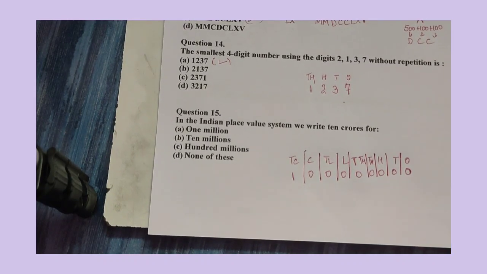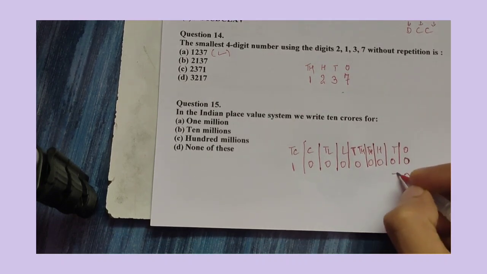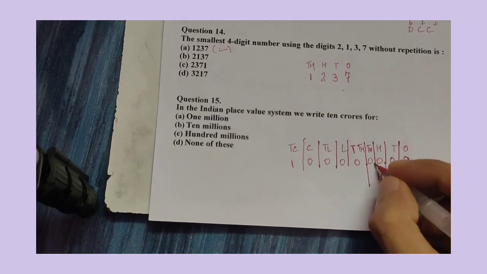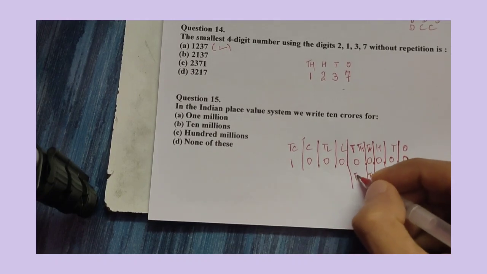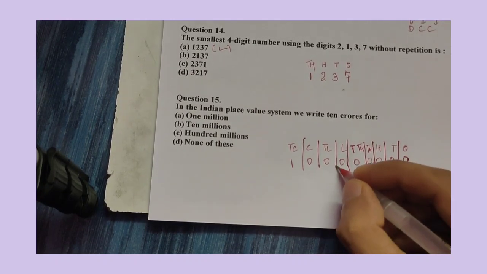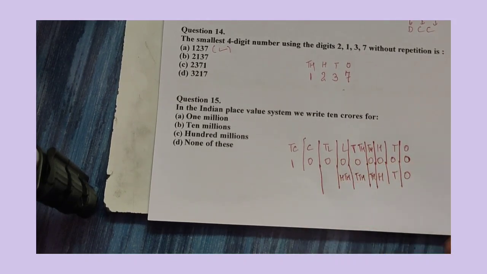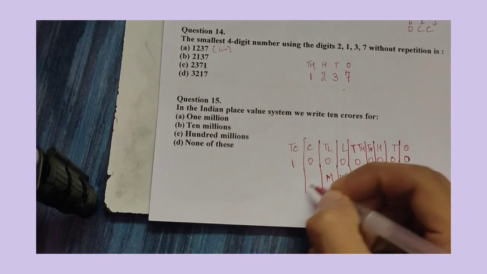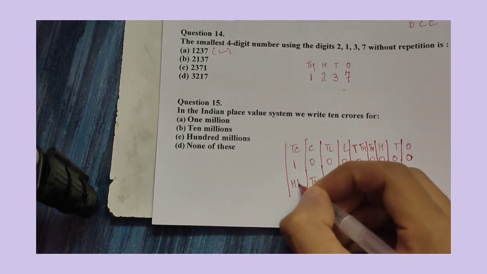Now moving to the international place value system, we have ones, tens and 100, which are the same. But from 1000 onward it is 1000, then 10,000, then 100,000, then comes the millions part, so it becomes 1 million, then 10 million, and then the 100 million.